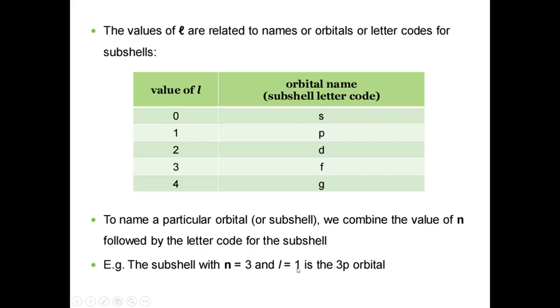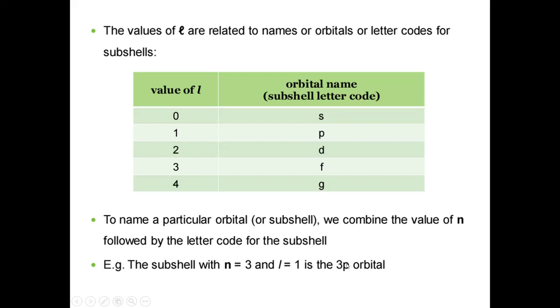Contohnya kat sini, the subshell with N equal to 3, yang ni shell dia kan. So, kamu kena cari subshell dia. And the subshell yang terhasil daripada N equal to 3 and L equal to 1 is the 3p orbital. Maksudnya kat sini, 3 ni menunjukkan kepada dia punya shell. Maksudnya N equal to 3.